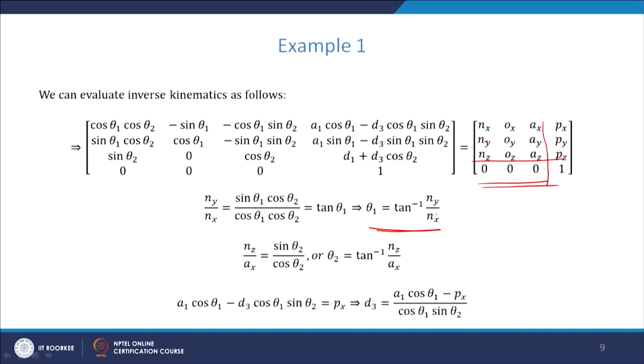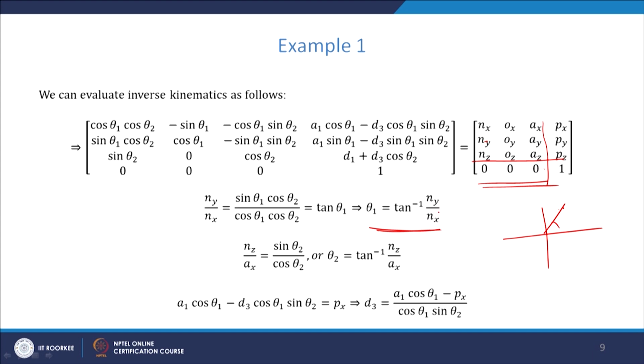If both of them are positive, then tan inverse of the positive quantity will give us a value between 0 to pi by 2. If both n x and n y are positive, it falls in the first quadrant, so the theta value will be between 0 to pi by 2, whatever is coming.